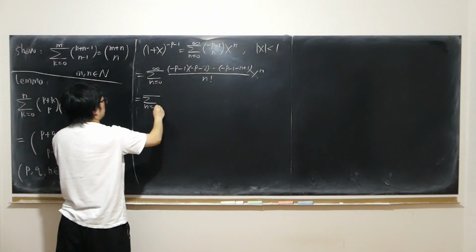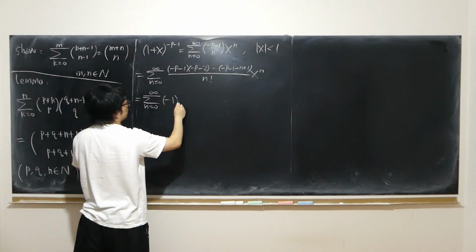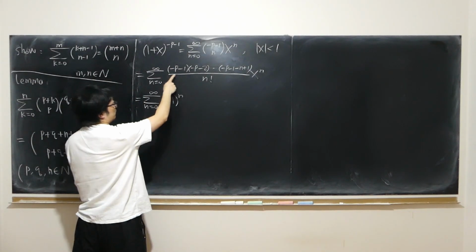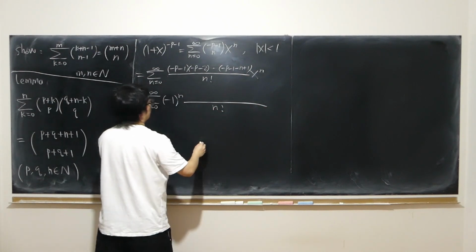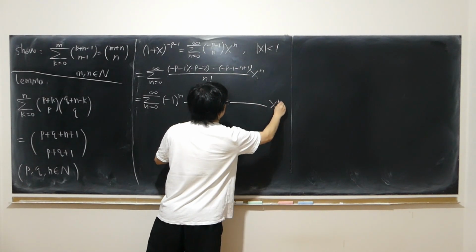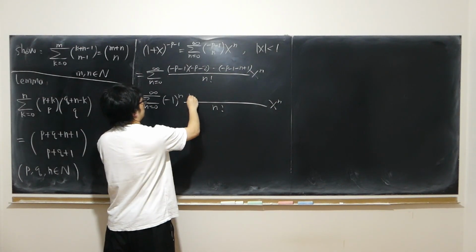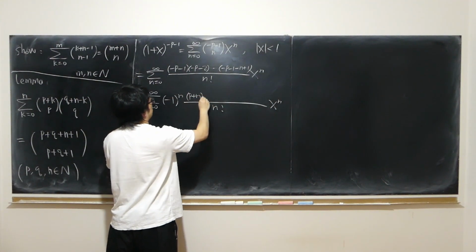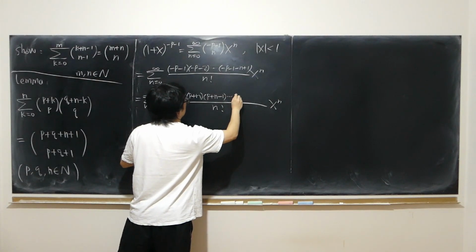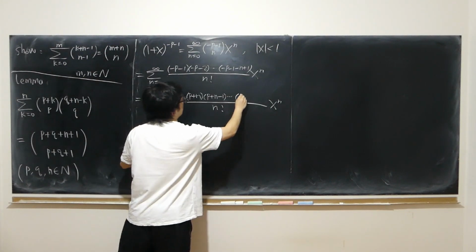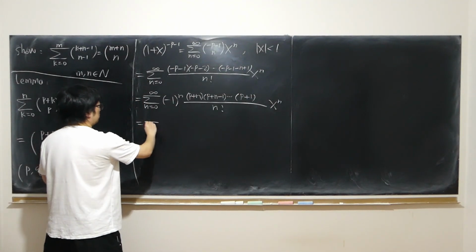Then we simply take out the negative sign from each term. We have exactly n terms, n factorial. This time we start from the last term. It'll become p plus n, then it'll become smaller and smaller until p plus 1.